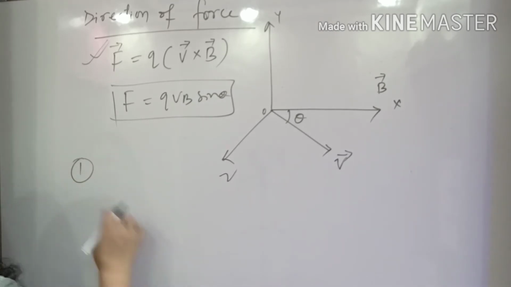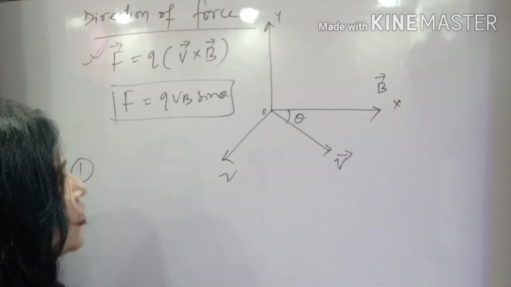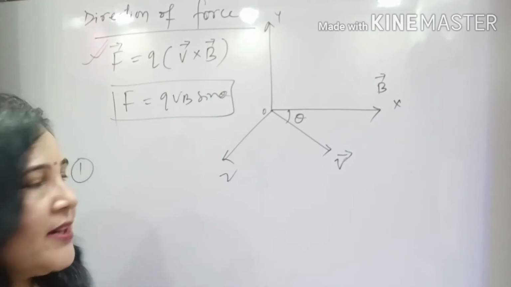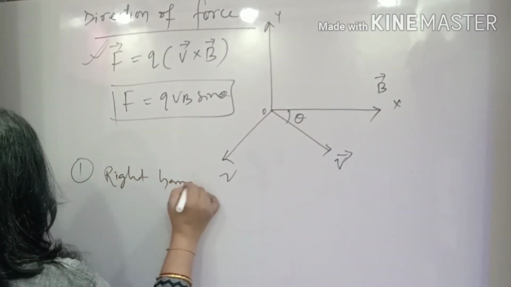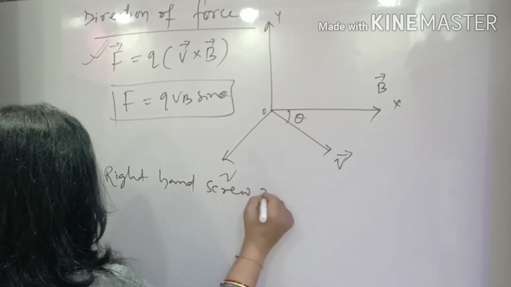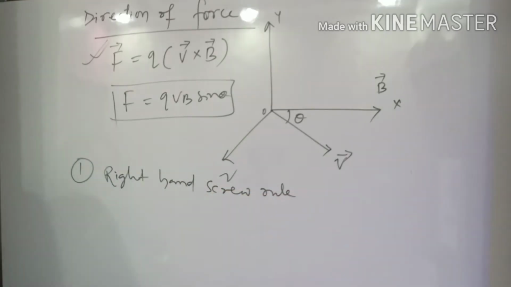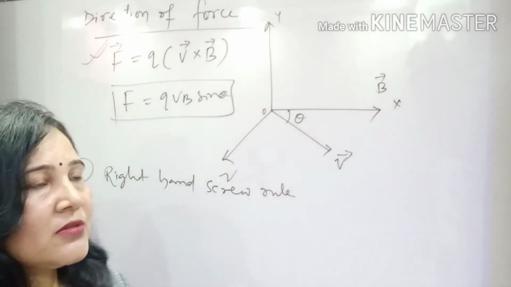One of the rules, which is used in the cross product method, is called the right hand screw rule. That rule you must be knowing. So what does the right hand screw rule say?